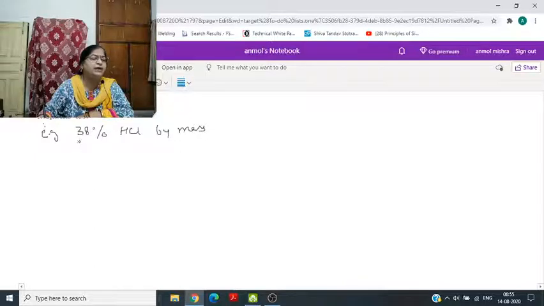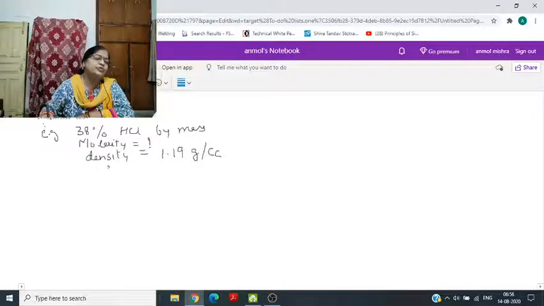What is the molarity of the solution? Molarity you have to calculate. The density of the solution is 1.19 gram per cc.